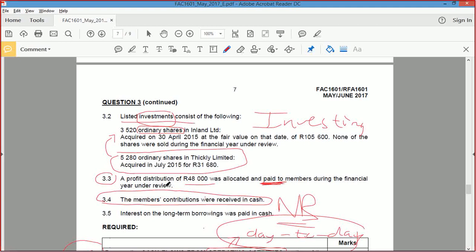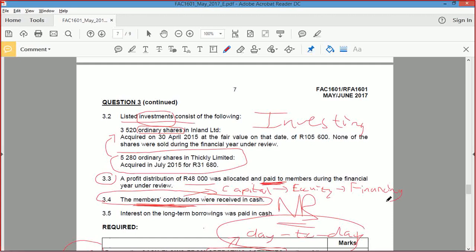Where does capital go: operating, financing, or investing? Financing, because this is equity. Capital is part of owner's equity. Equity is disclosed in the financing section of a cash flow. So I don't need 3.4 either. It's not applicable to an operating activities cash flow.